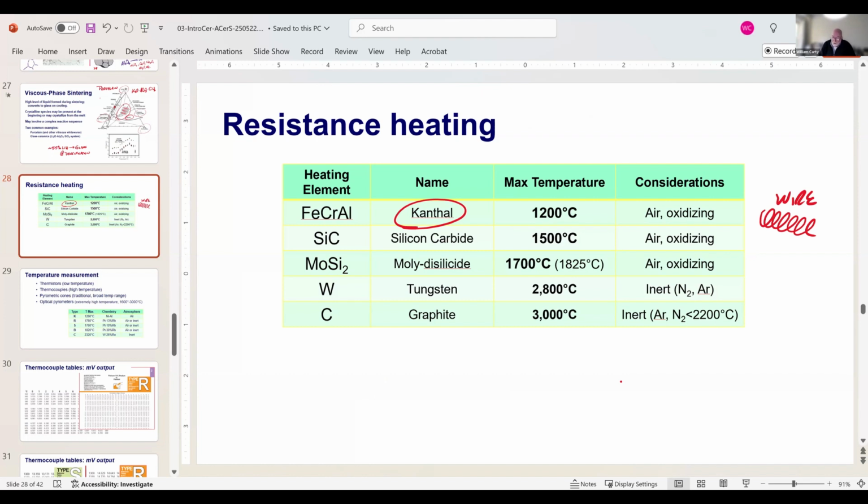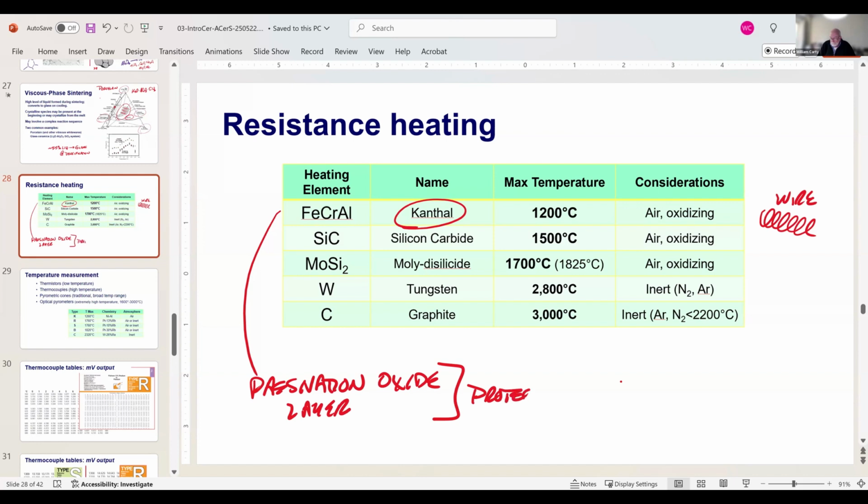This material, iron chrome alumina, forms a protective passivation oxide layer on the element that protects it. Turns out that also happens for molybdenum disilicide, and we could probably argue that it happens to some extent on silicon carbide also.